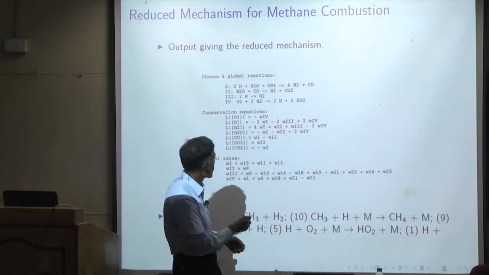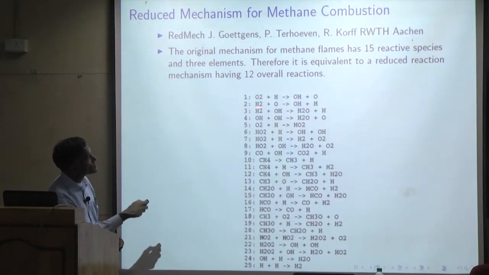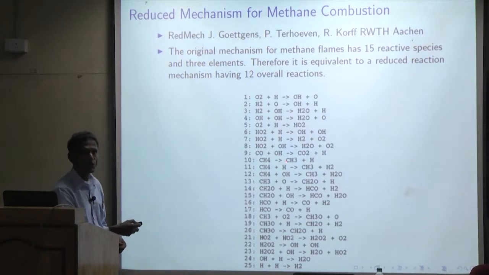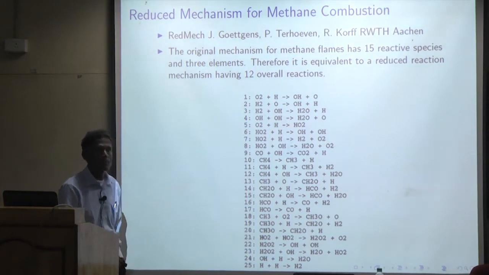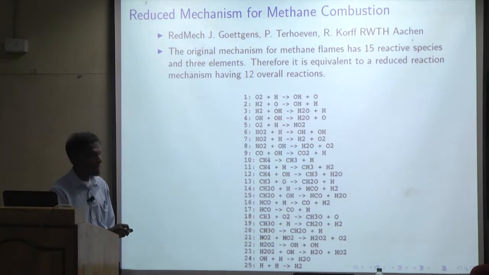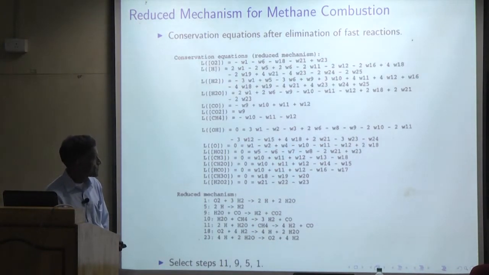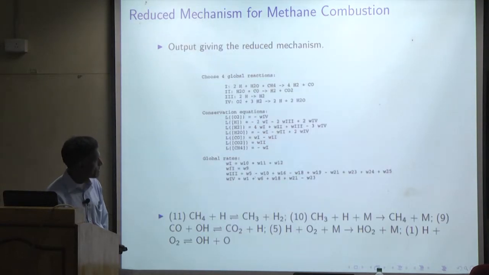When you wrote these global rates, there were elementary reactions that contributed to those. It's the same elementary reaction. When I'm summing up several elementary reactions, each of them has different rates. So then shall I go for the slowest one with rate control, something like that?